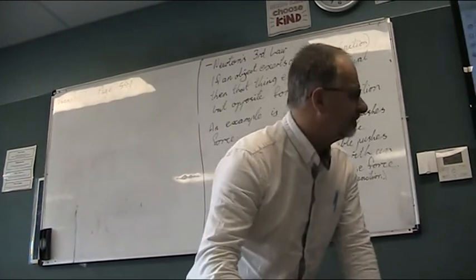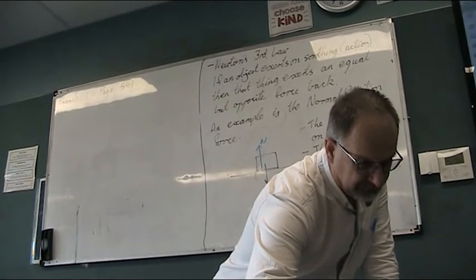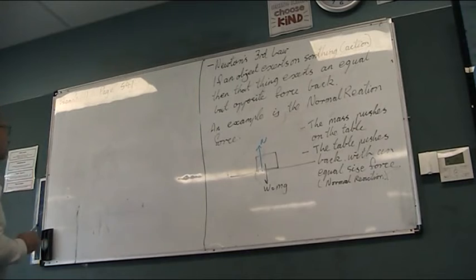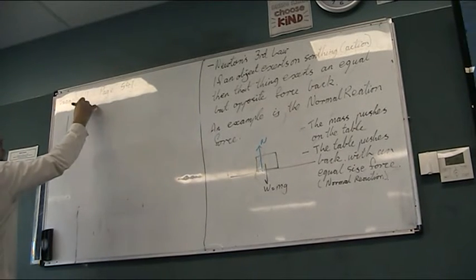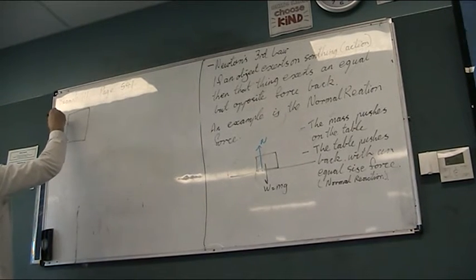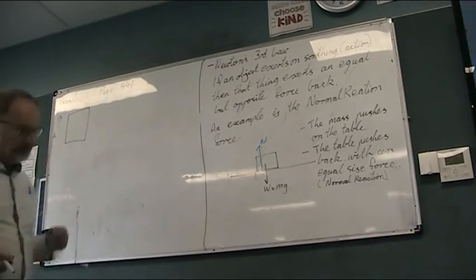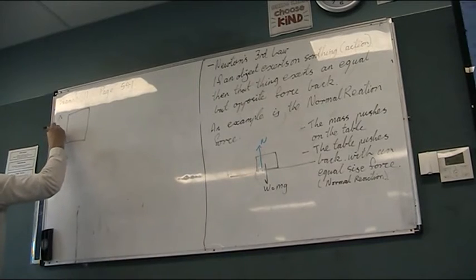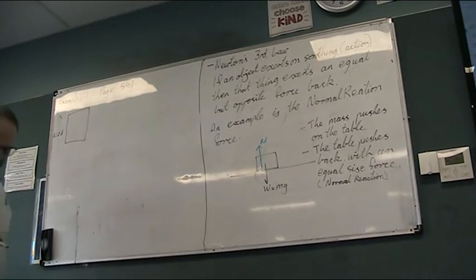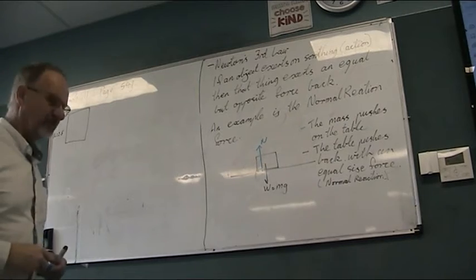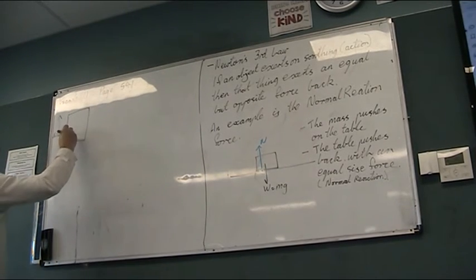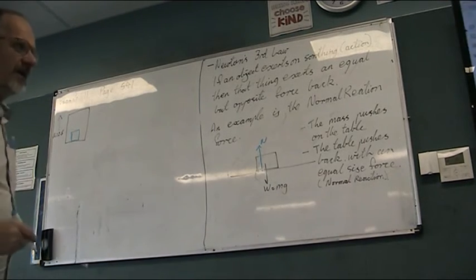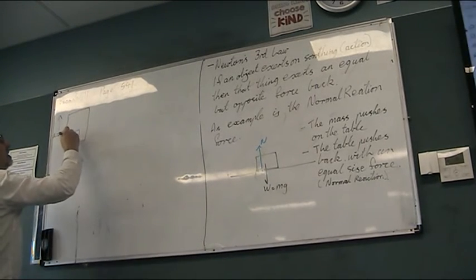There it is. A box is on the floor of a lift accelerating upwards. Here's our lift. And the lift is accelerating upwards at 0.5 metres per second squared. And the box is sitting on the floor. Here's our box. And the box is 10 kilos.